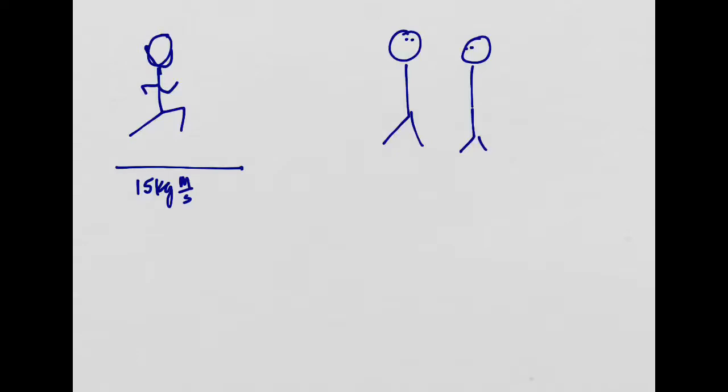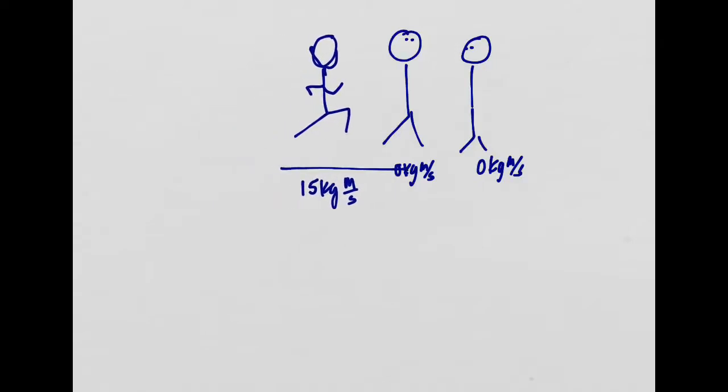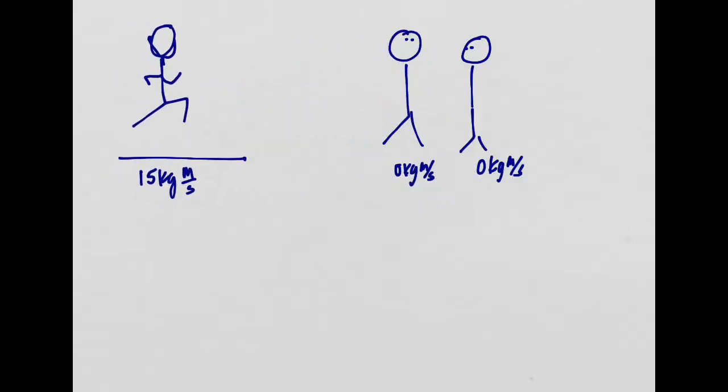They're at rest. They have 0 momentum. So this boy's going to be running at 15 kilogram meters per second, and he's going to smash into both of these boys, okay?